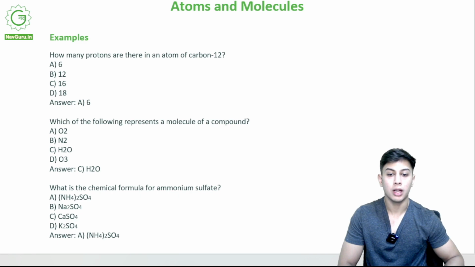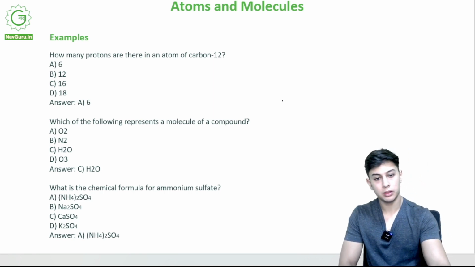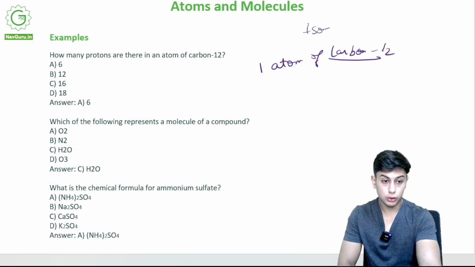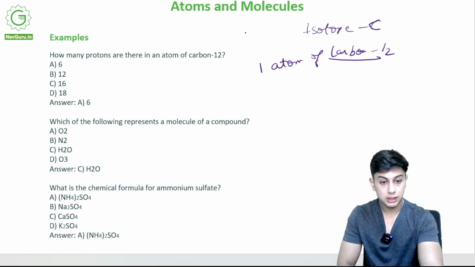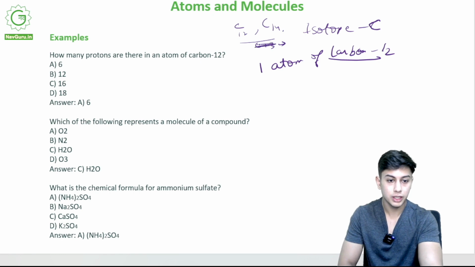How many protons are there in an atom of carbon 12? What do they mean by carbon 12? Carbon 12 is an isotope of carbon. Carbon is found as C12 and C14, also C13, but that is very scarce, so we ignore that.